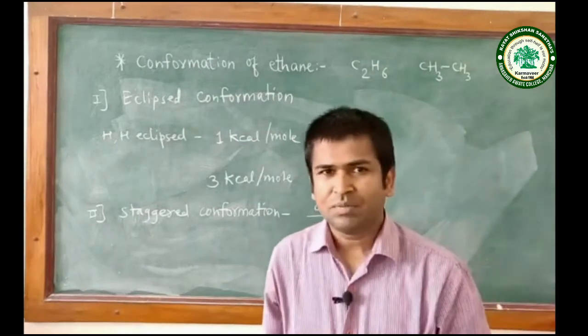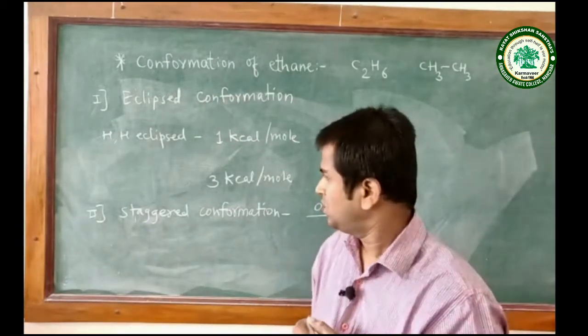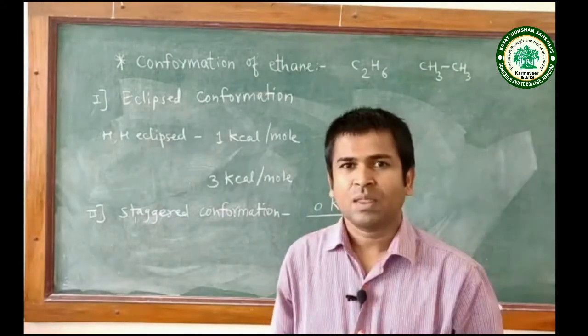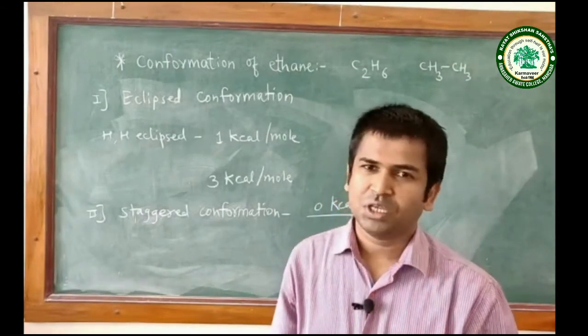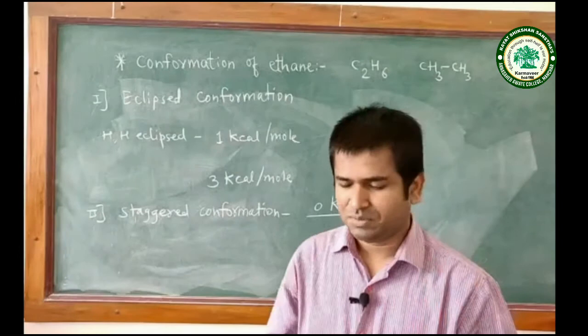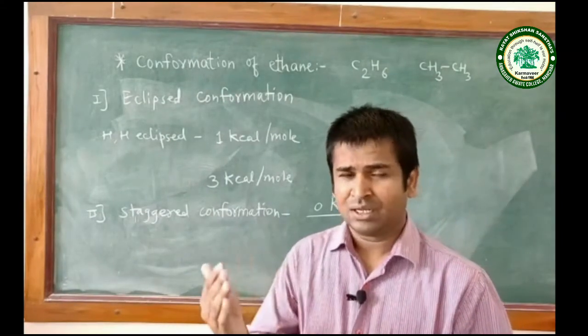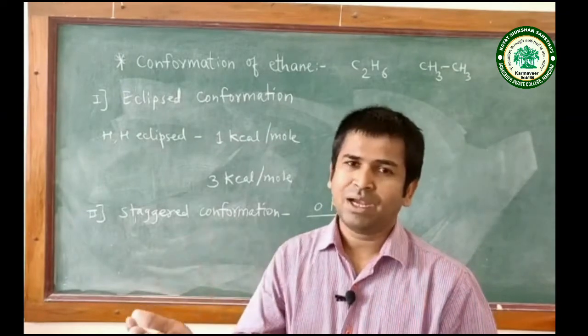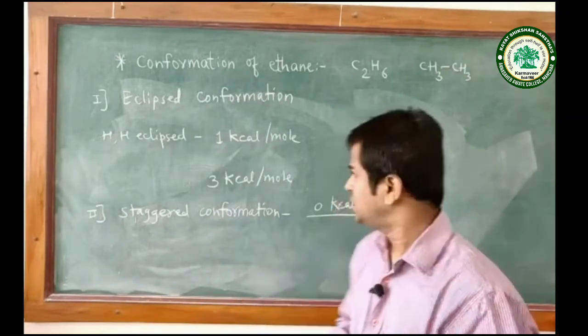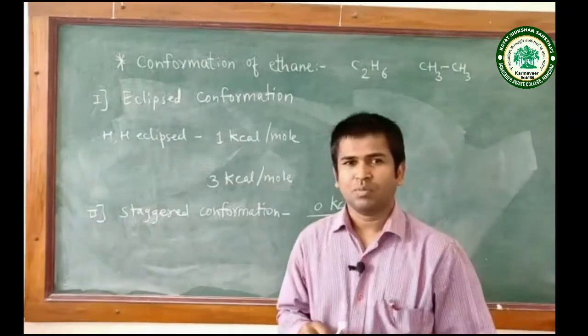So if we consider the stability of staggered and eclipse, staggered conformation is more stable than the eclipse conformation. The energy barrier between staggered conformation and eclipse conformation is 3 kilocalorie per mole.